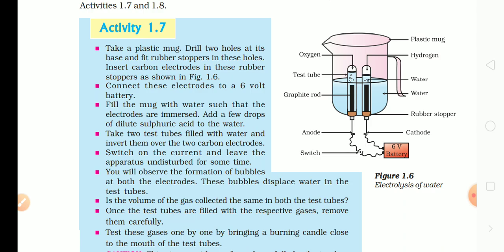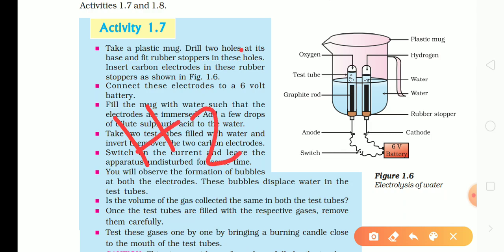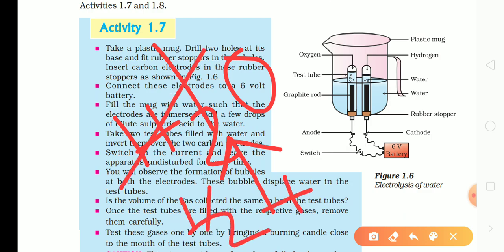And what is happening is, we know water is made up of two elements, H2O, hydrogen and oxygen. When electricity passes through water, water splits into hydrogen and oxygen gases.